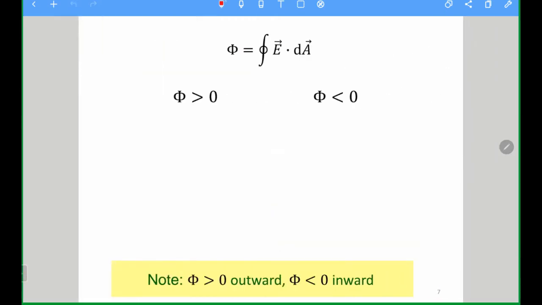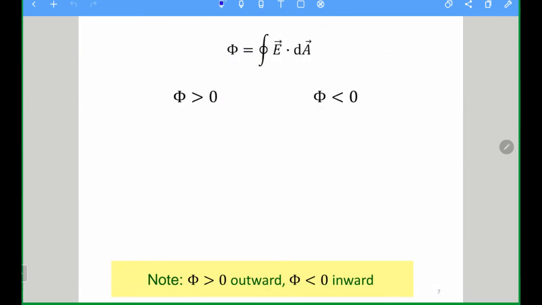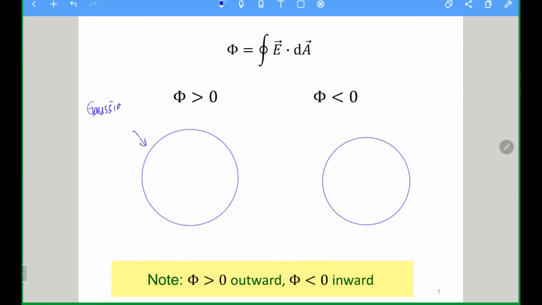The net flux is written like this. Let's try to draw it out. Suppose this is the Gaussian surface we define.